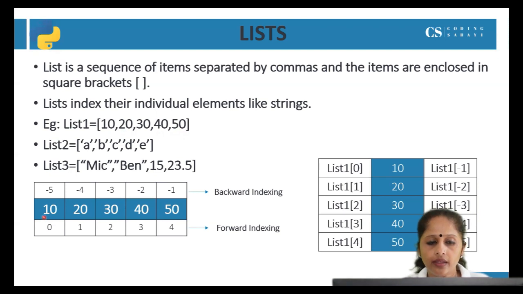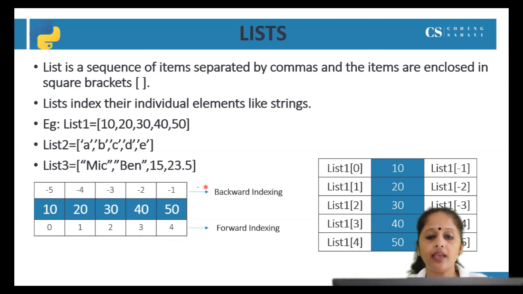In the 0th position, here also the forward indexing starts with 0, we have 10, and in the first position 20, second 30, 40, 50 like that. So starting from 0 to 4. That is, if you have n elements, then the forward indexing is from 0 to n-1, like strings.